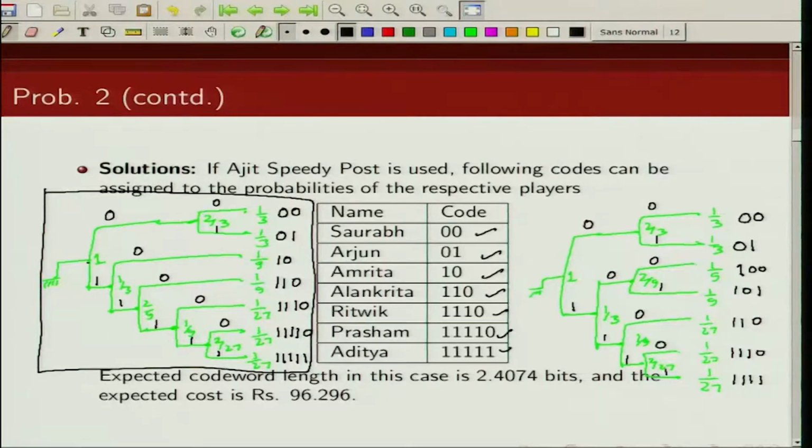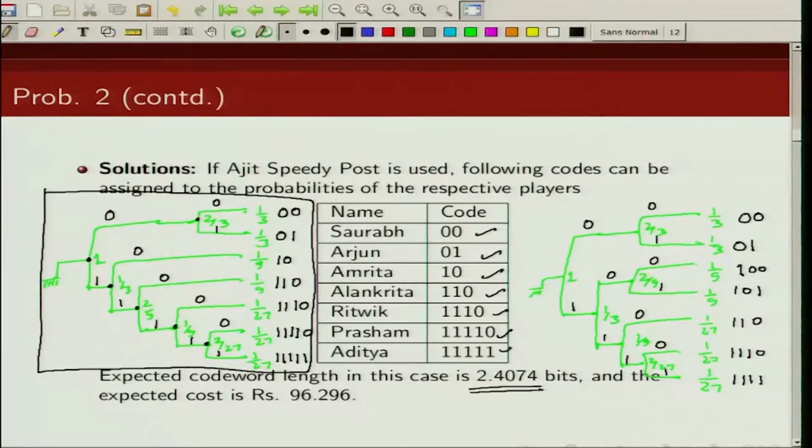The expected code word length is nothing but the sum of probabilities of all the nodes including the root node. So this is 1 plus 1 by 3 plus 2 by 9 plus 1 by 9 plus 2 by 27 plus 2 by 3, which comes out to be 2.4.